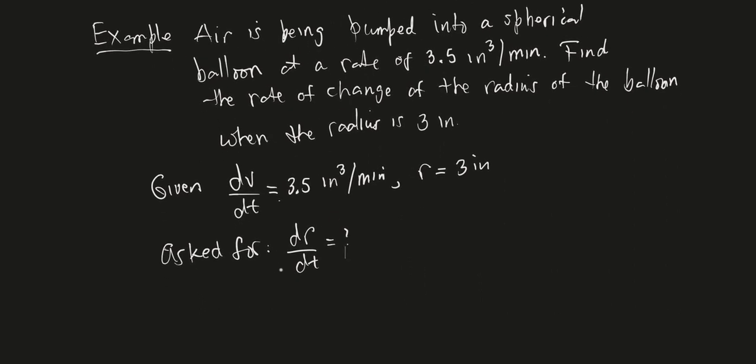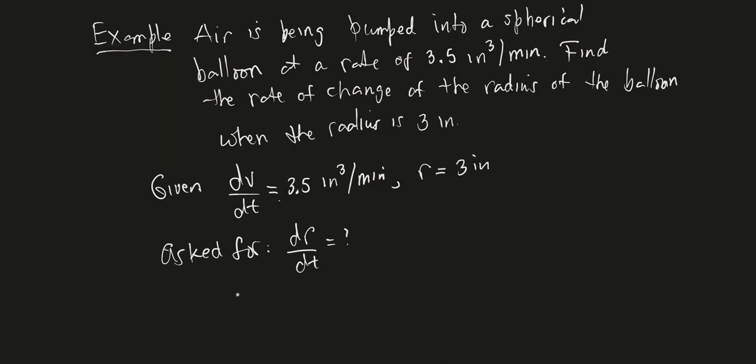So again, how do we find this without an equation? Well, what we then have to ask ourselves is, what is the relationship between the volume and the radius of a sphere? So it comes down to, do we know the relationship between the volume of a sphere and its radius? And we do know.